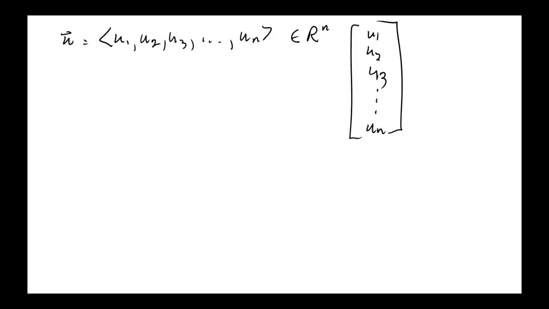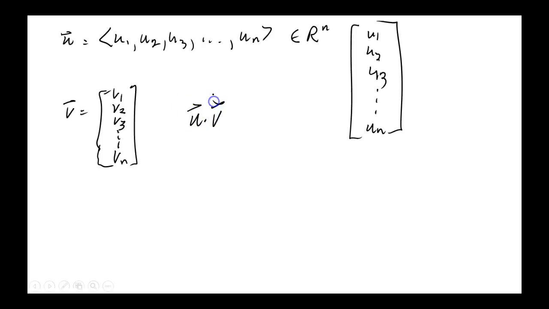In this notation, then, the dot product of two vectors, if you had u being this and v being this, v1, v2, v3, down to v sub n, then if you were talking about u dot v, you certainly couldn't multiply those two column matrices together, because that's an n by 1 and this is an n by 1, and they don't even multiply.